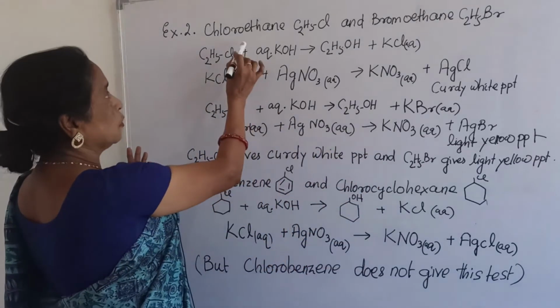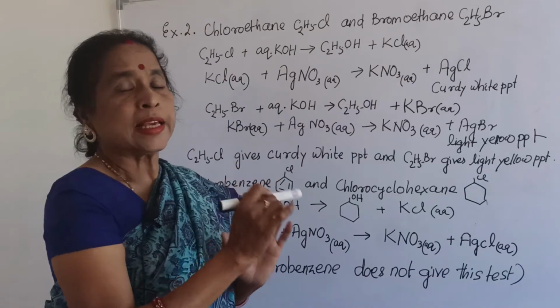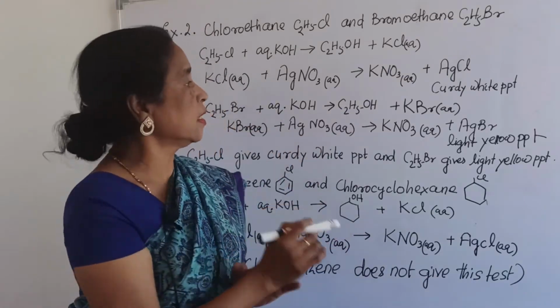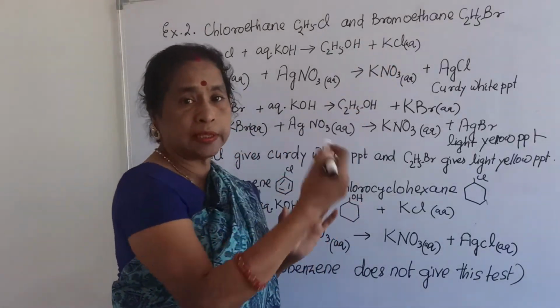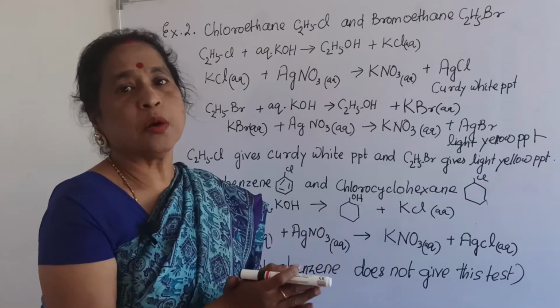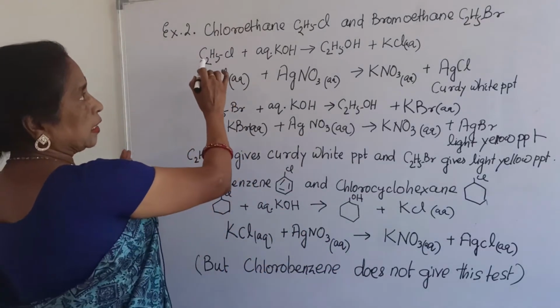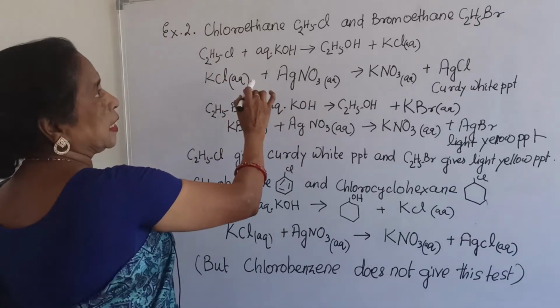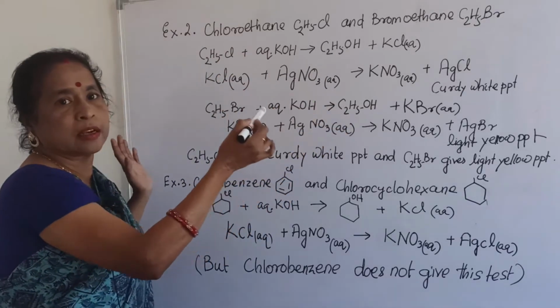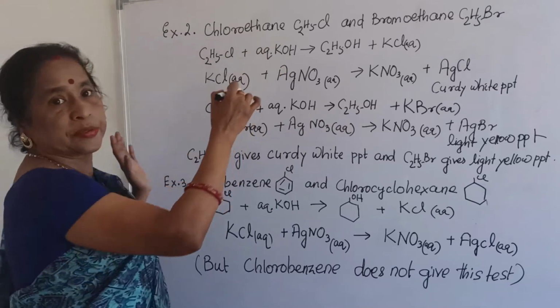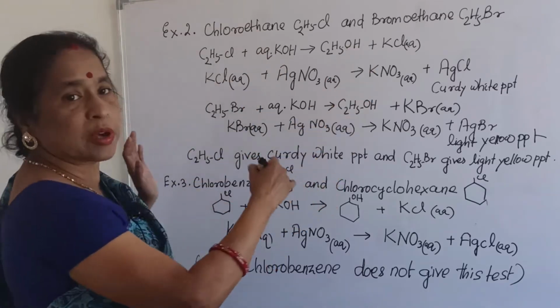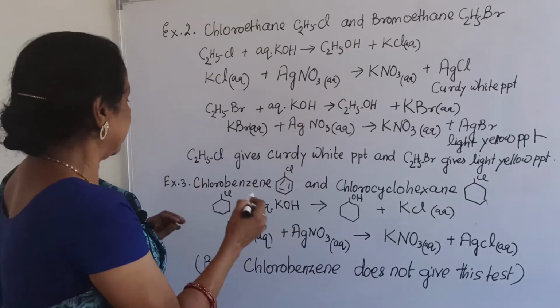That means chloroethane gives a curdy white precipitate, whereas bromoethane gives a light yellow precipitate. So you can distinguish between them by the color.